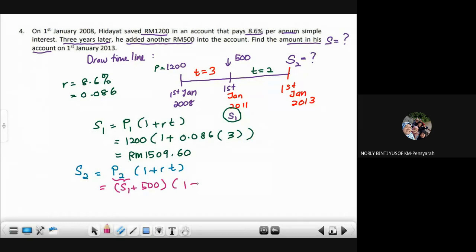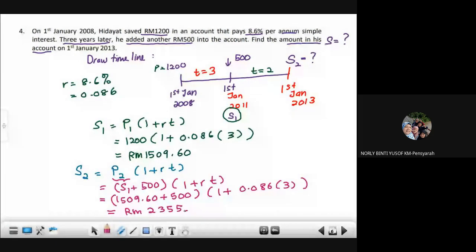And then times with 1 plus RT. So nilai you 1509.60 tambah 500, darabkan dengan 1 kali 0.086 darab 3. Then you calculate, you will got RM2,355.25.